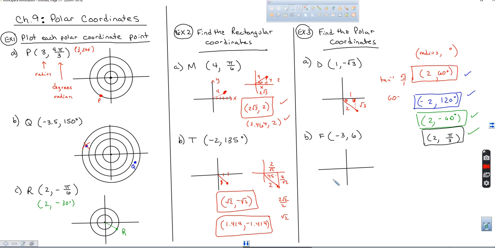Negative 3, positive 6 will land over here. So if you went negative 3 this way and 6 this way, and again, my picture is not to scale, but then you're having this here. So this is 3 units here. This is 6 units there. I'll label like that. Once again, we're going to need the radius length, and we're going to need the theta right here.